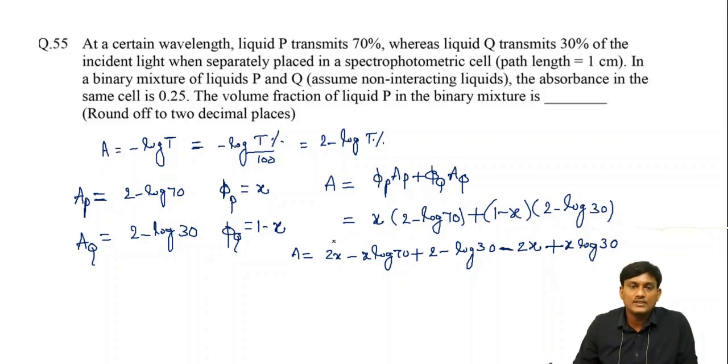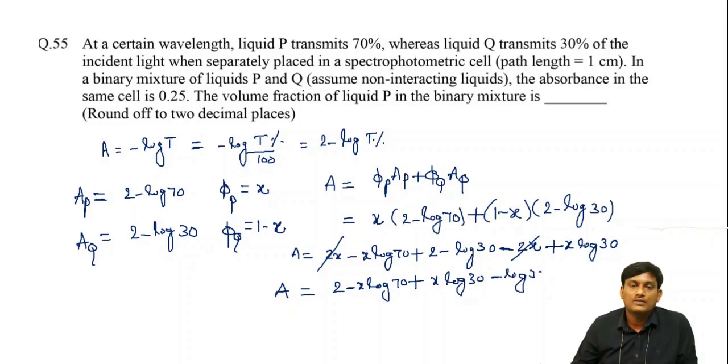Here there is a cancellation of the plus 2x and minus 2x terms. So finally you will get A is equal to 2 minus x log 70 plus x log 30 minus log 30.